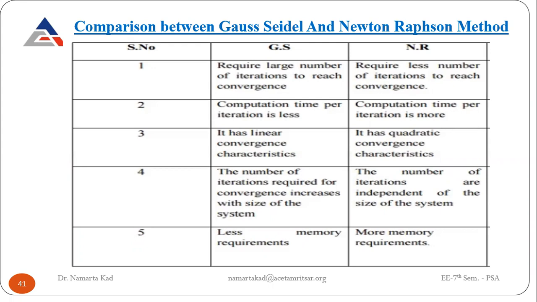And their algorithms, their procedures, that is how to proceed for the numerical or for the program. If you want to write the program for these methods, then how to proceed, how to write the code. So different algorithms are discussed. So this is all about this chapter on load flow analysis.